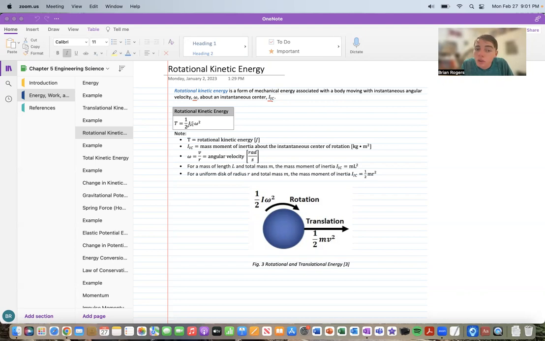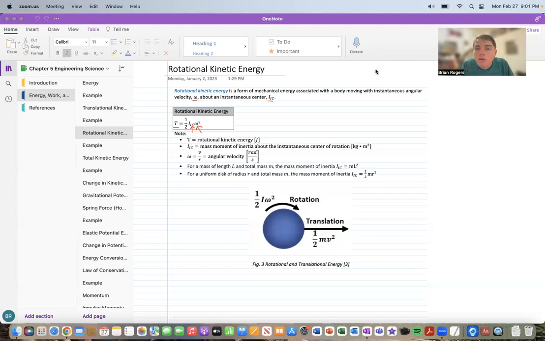And so the rotational kinetic energy, remember when we had translational kinetic energy? Same symbol here, capital T, but remember for translational, it was 1/2 m and then v squared. But here it's 1/2 I sub c times omega squared. So instead of v, it's omega, and instead of mass, it's going to be the mass moment of inertia about an instantaneous center of rotation.